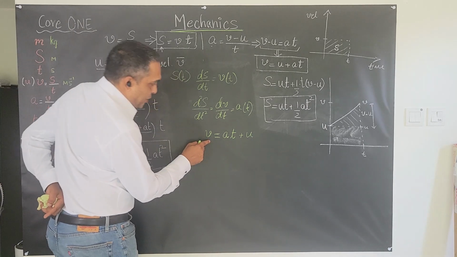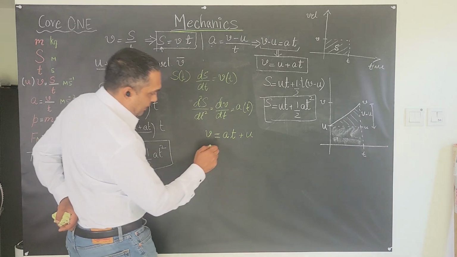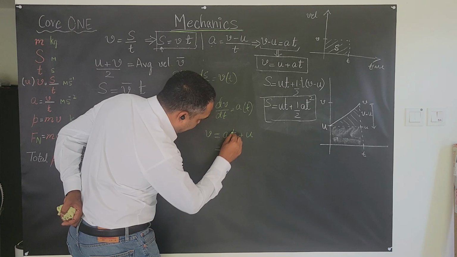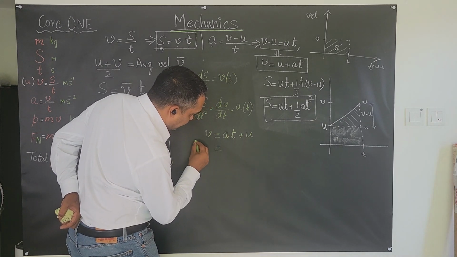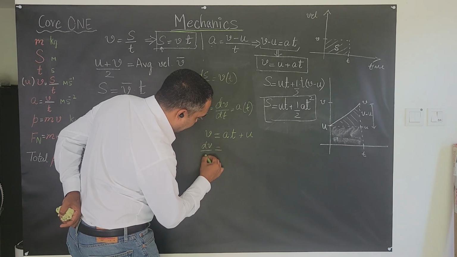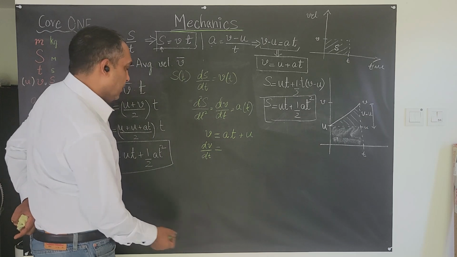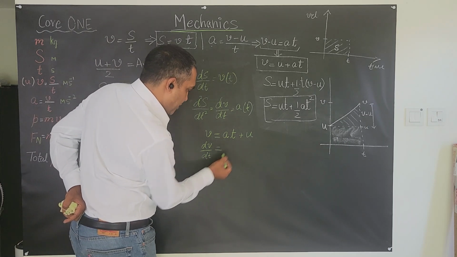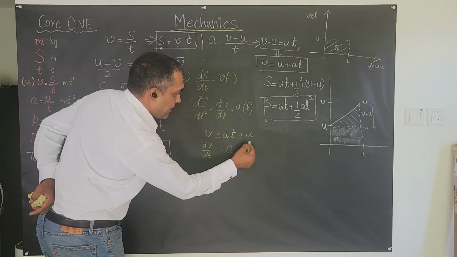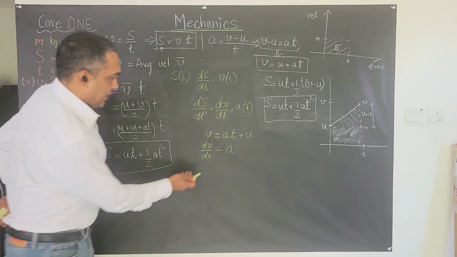Now if I differentiated that with respect to time, dv by dt, initial velocity is constant, so you only have a, and that becomes 0 because the differential of a constant is 0. So I just get a.